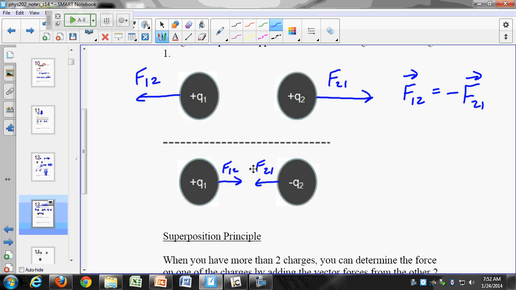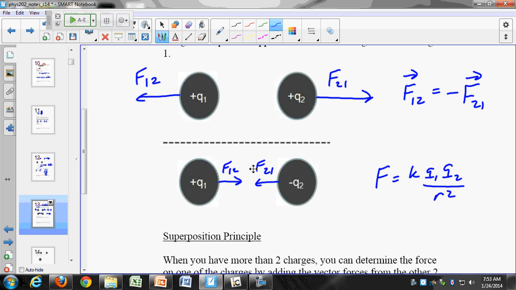By the way, with Coulomb's law, F equals k Q1 Q2 over r squared. Notice that I didn't write any arrows. You'll see that we're going to do some vector problems, but F12 would be in the negative x direction.